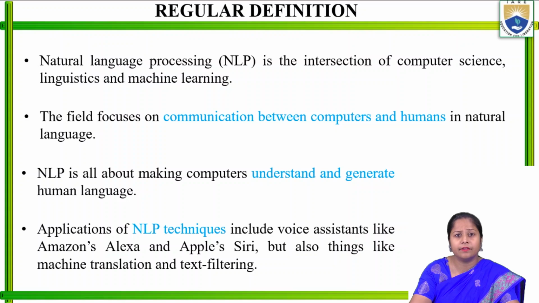What is natural language? It is the language in which humans interact with each other in different zones. There can be cultural differences, but it is the language that is used by the different people in the world to interact with each other.